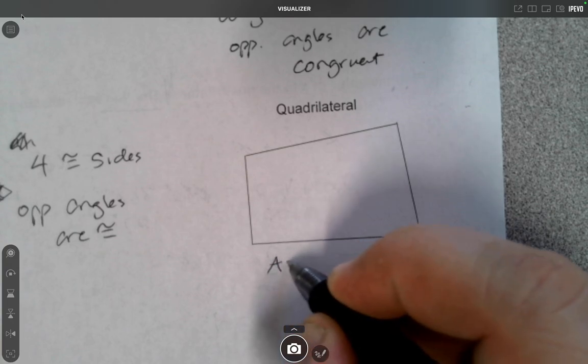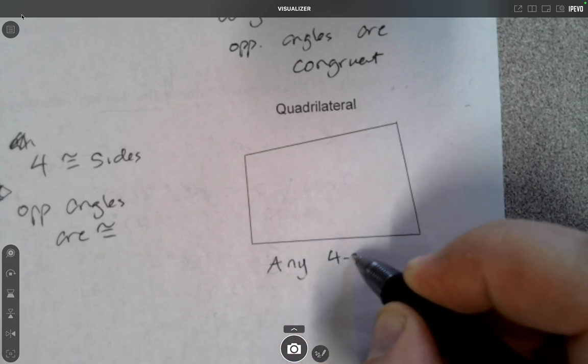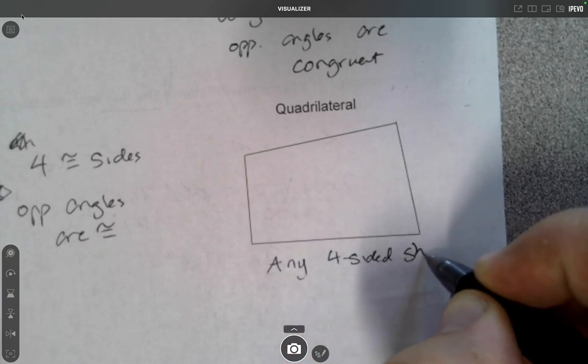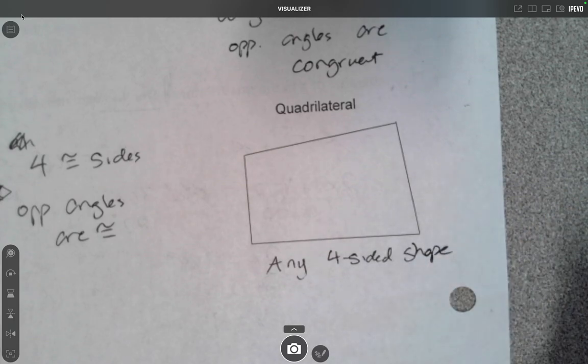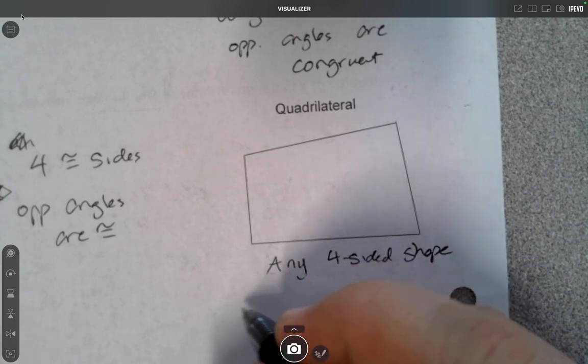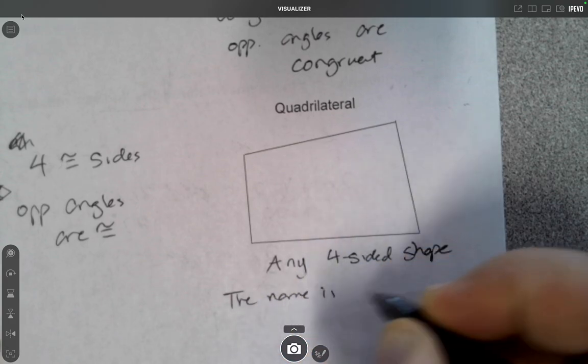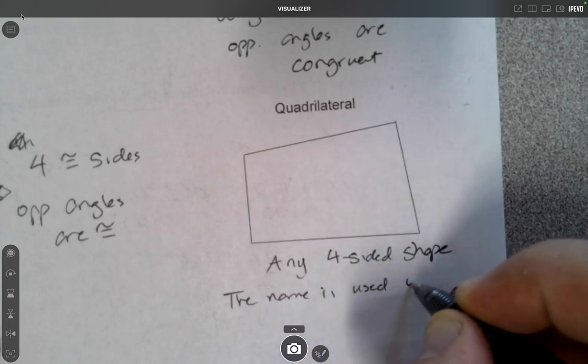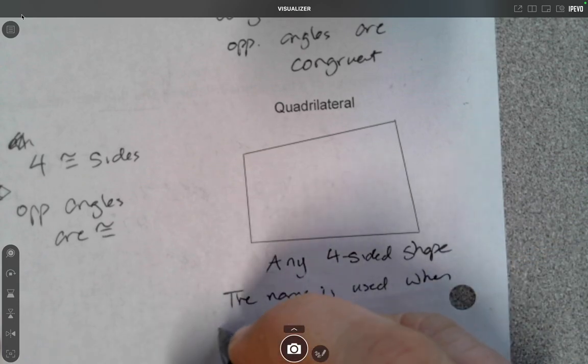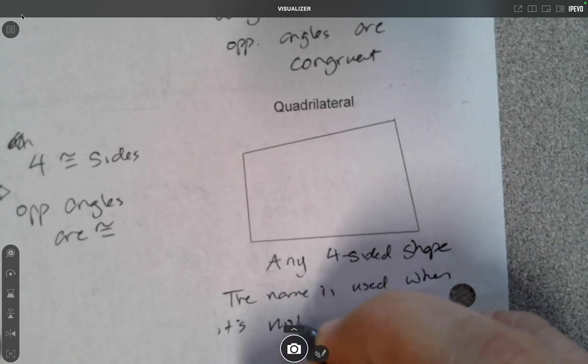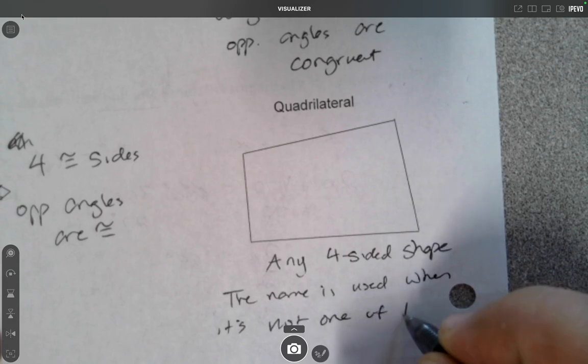So I'm going to just put any four-sided shape. And this name is used when it's not one of the other five.